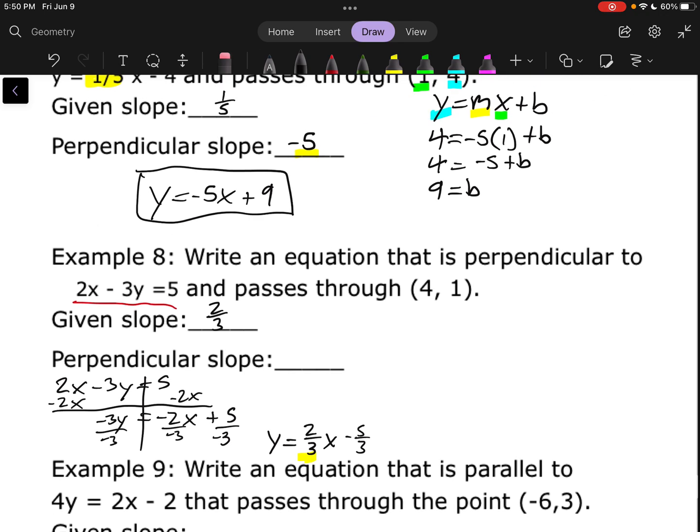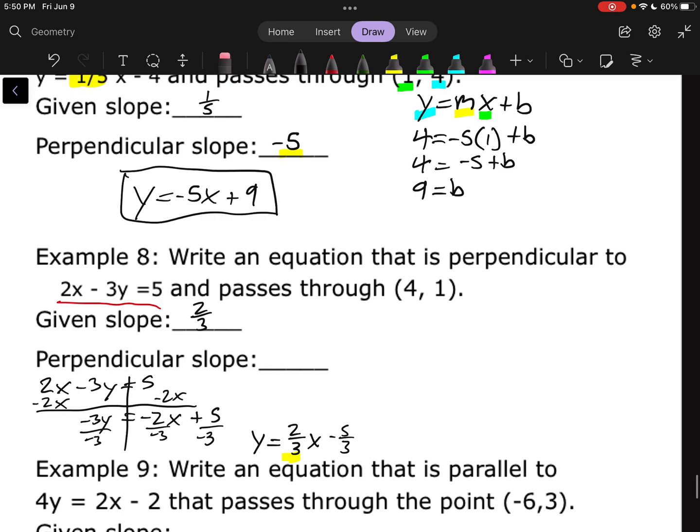Now we had to do a little bit of work there, but now we're in the clear, because if the given slope is 2 over 3, then the perpendicular slope is negative 3 over 2. So now we are good. y equals mx plus b time. Let's use negative 3 over 2 as our m. Let's use 4 as our x and 1 as our y.